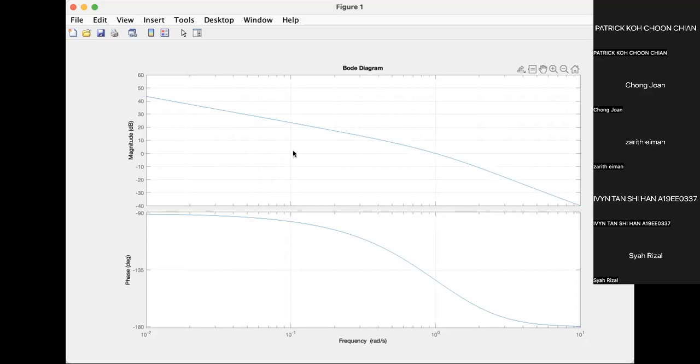Zaris Aiman, what is the value of magnitude at 0.01 radian per second? 43.5 dB at 0.01 radian per second.